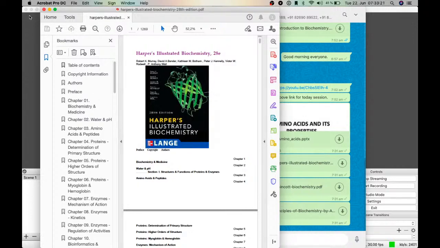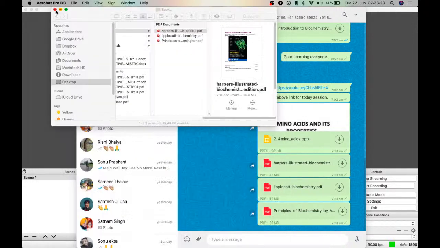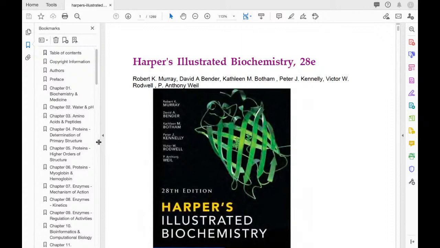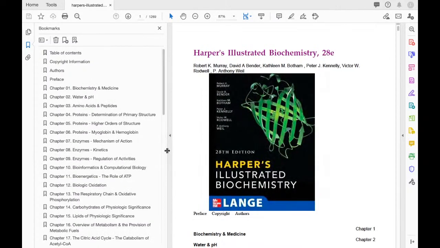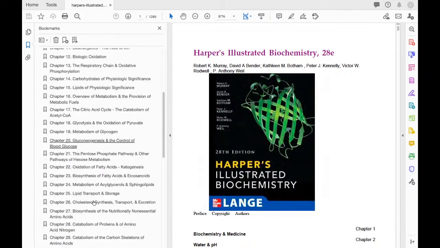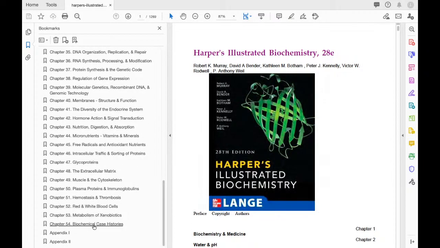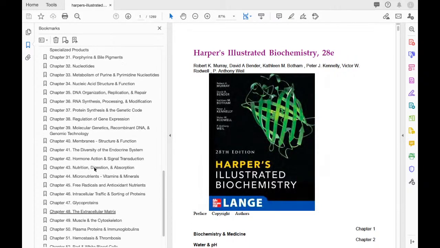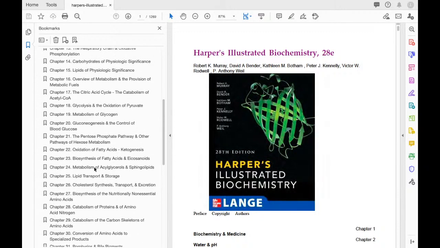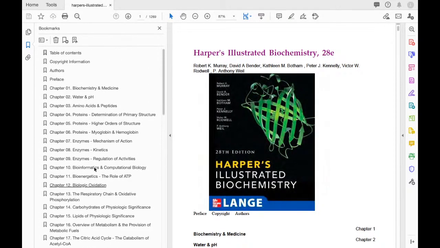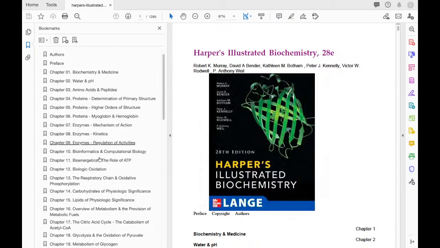If you see the contents of it, wow, there are 54 chapters. It has covered most of the basics of biochemistry.